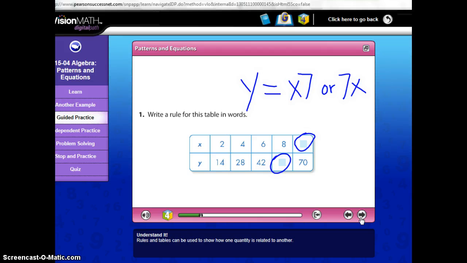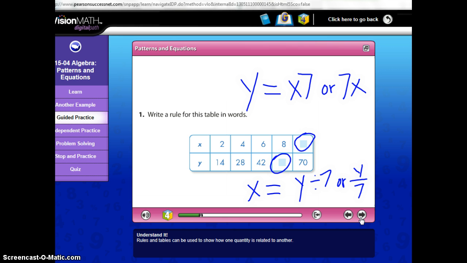No, no, no. In fact, okay, I'm so glad you asked that. What if I wanted you to solve for x? So I want you to tell me, how did I get this? What did I do with the y? I took the y and I divided by 7. Or another way to write this is y over 7. Does that make sense?